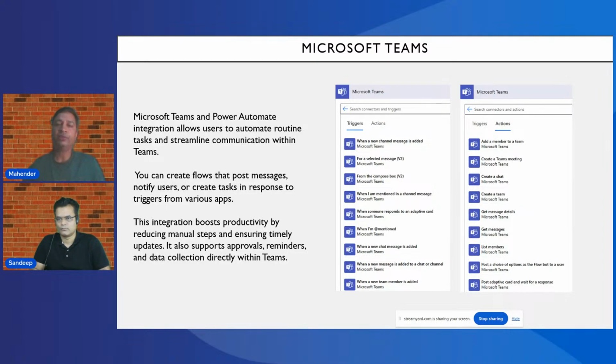Those kinds of notifications we can use on Microsoft Teams. So whoever is part of that channel will get that notification, and the message will be displayed in that particular channel. In Teams we can create different types of channels, so for this as well we can set that up there, and they will get notifications over there.